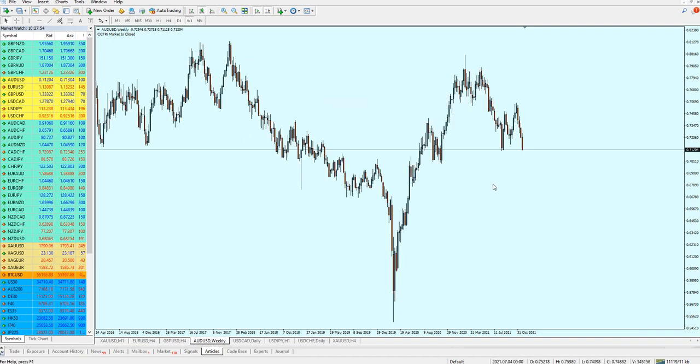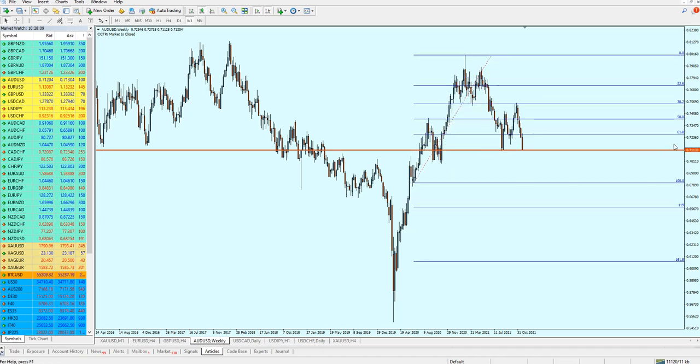Weekly chart. So on the weekly, it's reaching a support level here. Check the Fibonacci retracement. I think it's below. Yes, below 61.8. If it's below 61.8, most likely it's gonna continue to fall.